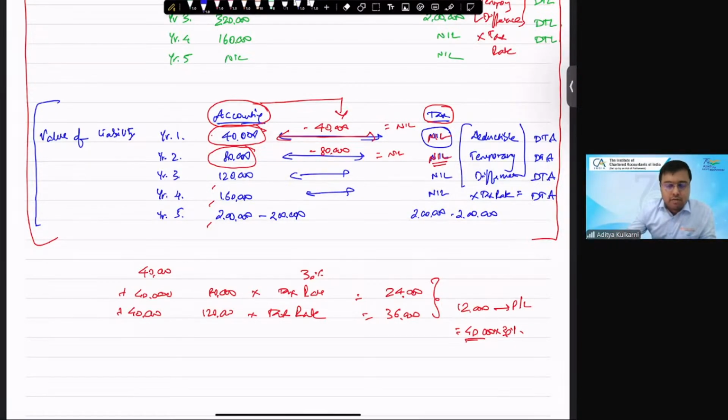The tax department allows it only when it is paid. So 40,000, I recognize it as a liability in my books. This liability I can claim as an expense in the future when I actually do the payment. So this difference of 40,000 is what is allowable in the future.